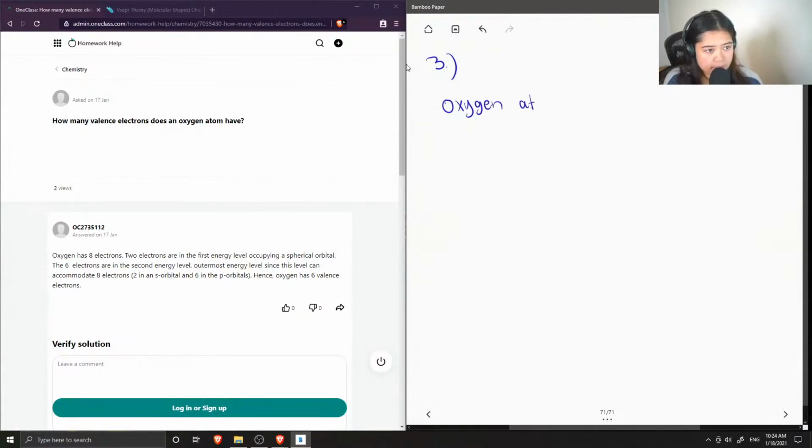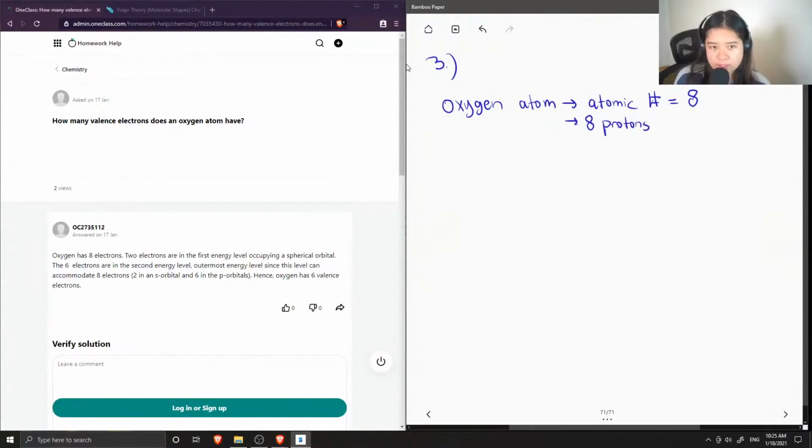Okay, so let's think about an oxygen atom. If we were to look it up on the periodic table, we'd see that oxygen has an atomic number equal to 8. So this tells us that there are 8 protons in an oxygen atom.